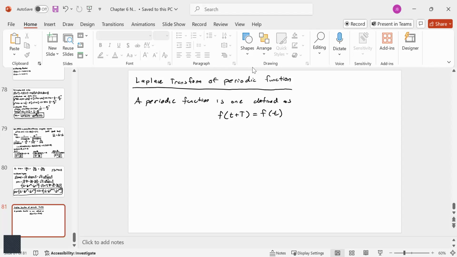Once you get past the full cycle and it comes back, you're essentially at the same function, so it behaves the exact same way. In the homework, they'll give you what the period is, and you go from there. T is greater than 0, where capital T is the period.